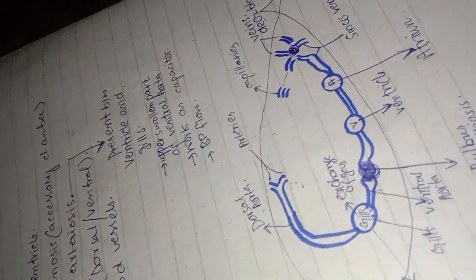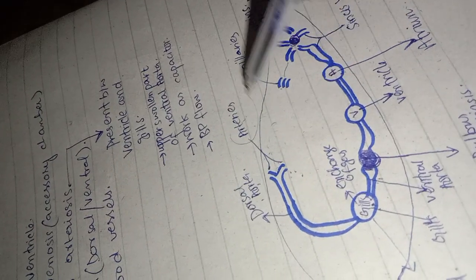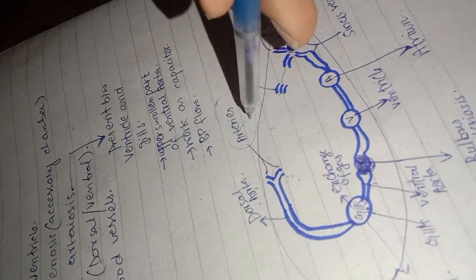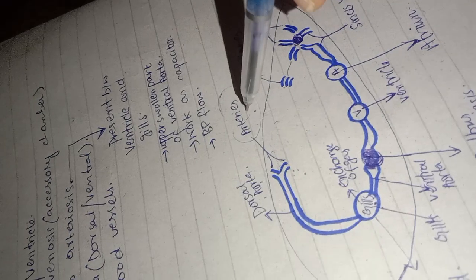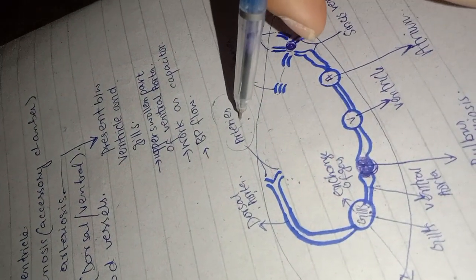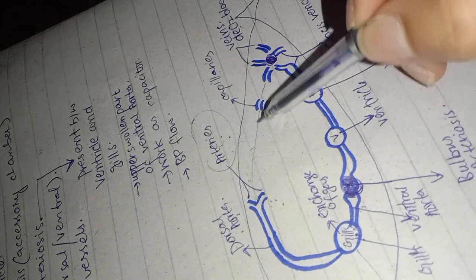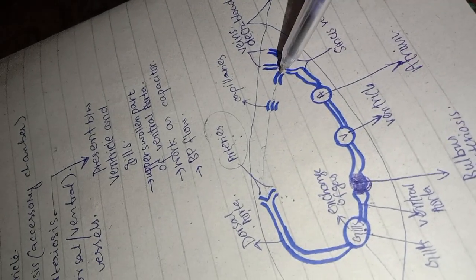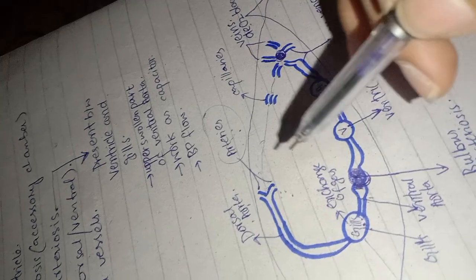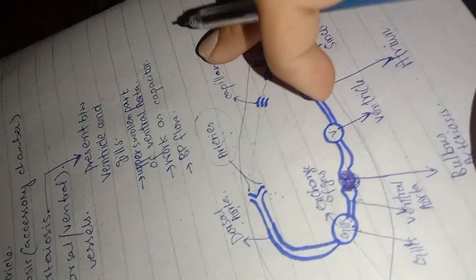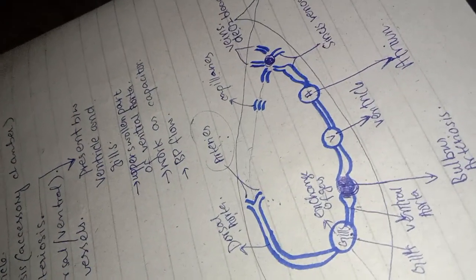As we have the veins, so we have the arteries. Here we have the coronary artery, which carries oxygenated blood to the heart, and the heart utilizes it to supply the different parts of the body.